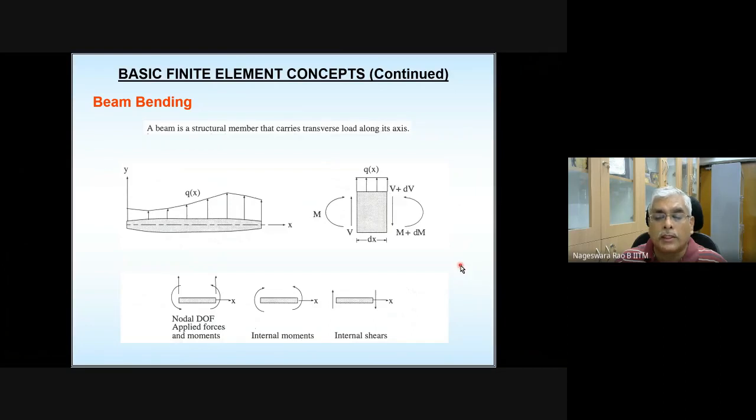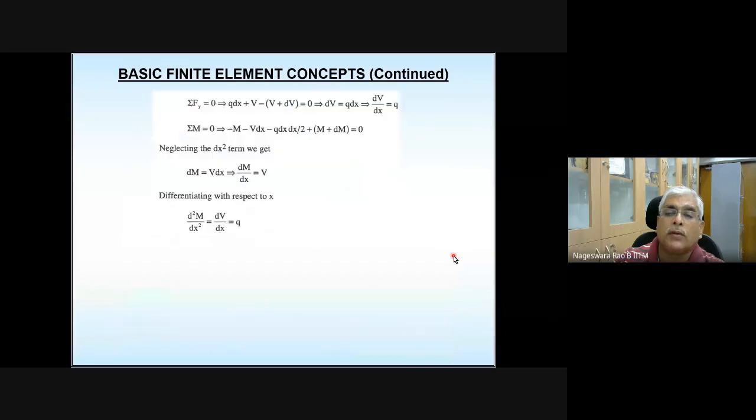Once again, I am emphasizing sign convention is very important, because whatever results we finally get, when we want to make interpretation out of those results for internal shears and internal moments, or if you want to draw bending moment and shear force diagrams, you're required to be careful with the sign convention that you follow. Okay, so this sign convention is very much important, and if you had noted down, please make a note of it.